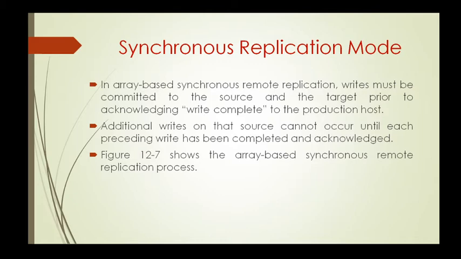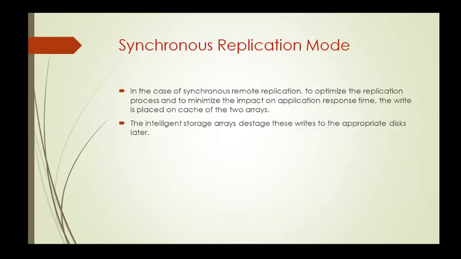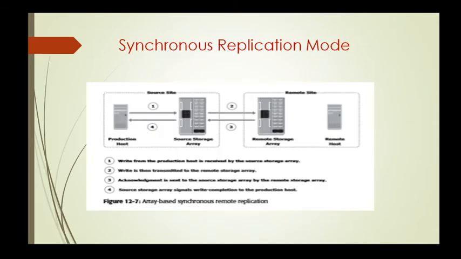You can see in the figure the array based synchronous remote replication process. There are four steps occurring. We have the source site and then the remote site. In the source site, we have the production host as well as the source storage array. On the remote side, we have the remote storage array and then the remote host. Step one is the write from the production host is received by the source storage array.